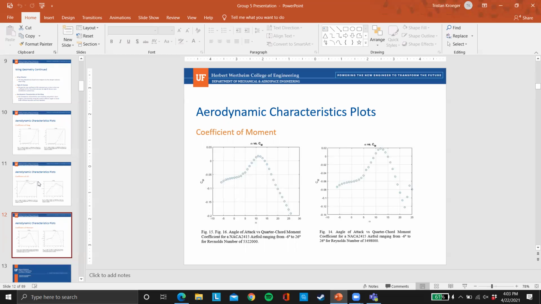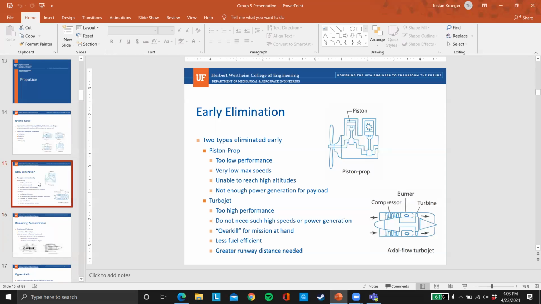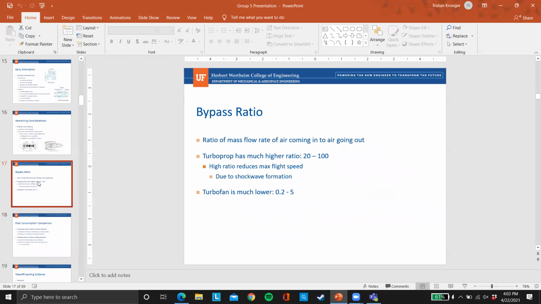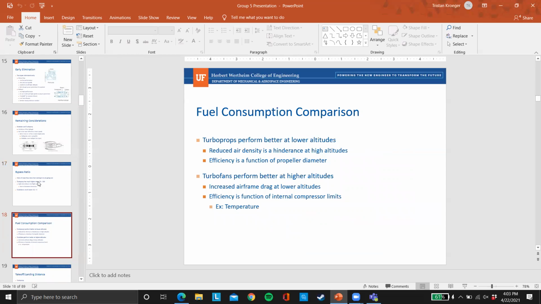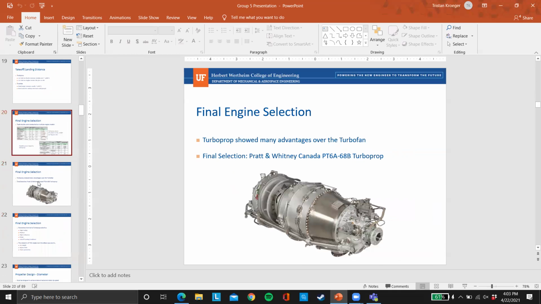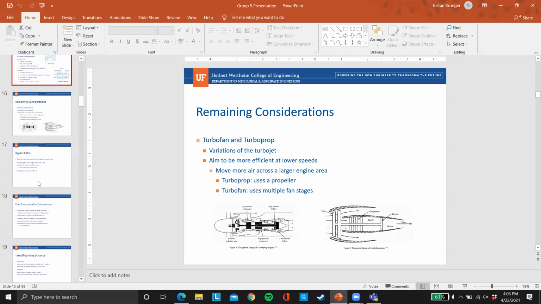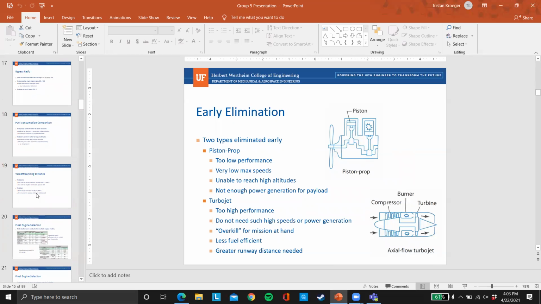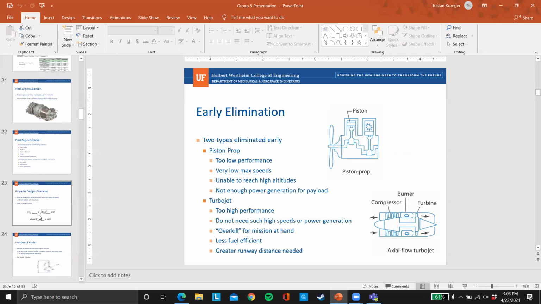So this is this part. And for the engine, as I said, there are several slides you can just skip. For the propeller design, diameter, further down.